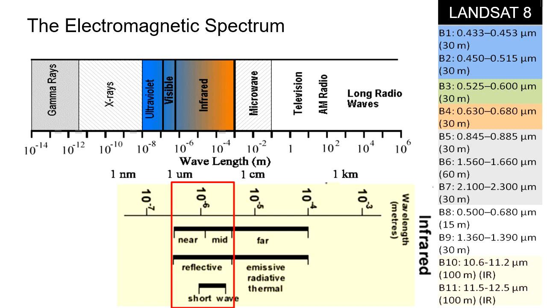So if we are analyzing vegetation, we are highly dependent on the near infrared and mid infrared parts of the electromagnetic radiation. Under Landsat 8 you can see bands 5, 6, and 7 belong to the near infrared and mid infrared part. Near infrared is band number 5, and the mid infrared part is band number 6 and 7.